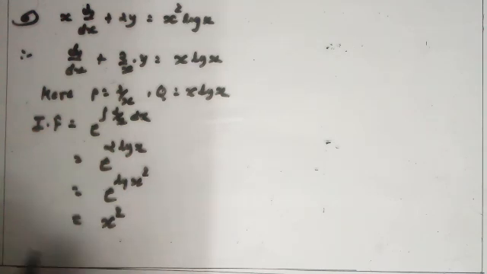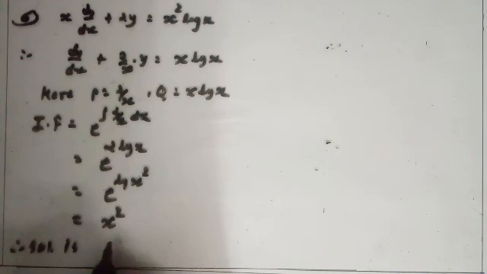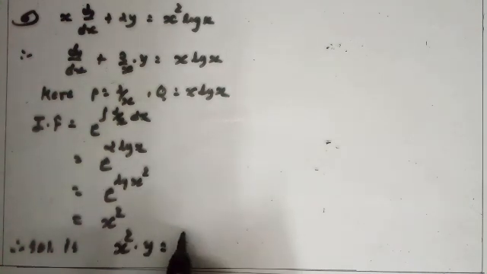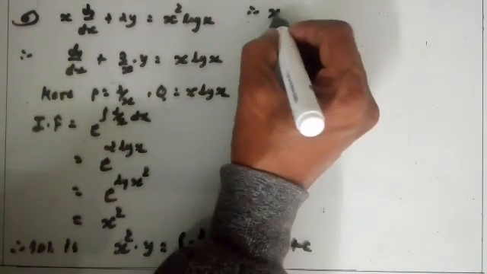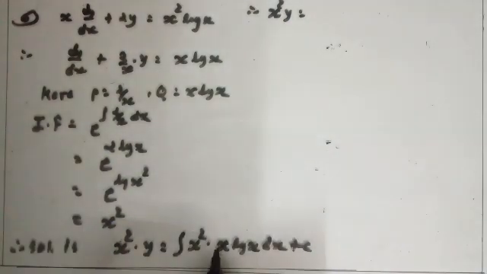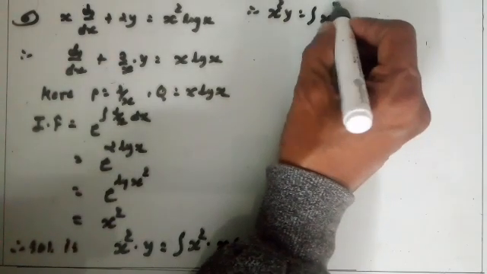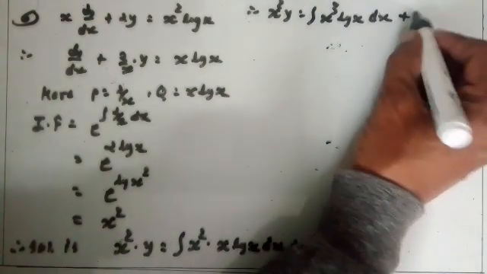Now the solution becomes: integrating factor into y is equal to the integration of integrating factor into q, where q is equal to x log x, dx, plus c. Therefore x square y is equal to, simplifying this, the integration of x raised to 3 log x dx plus c.